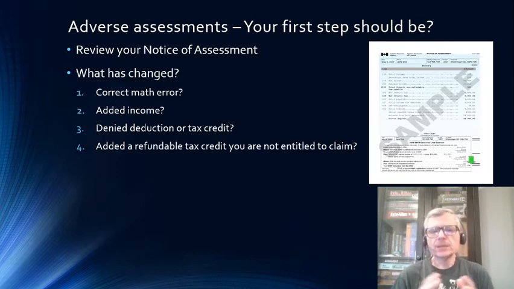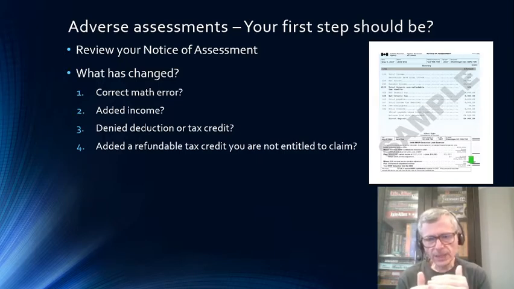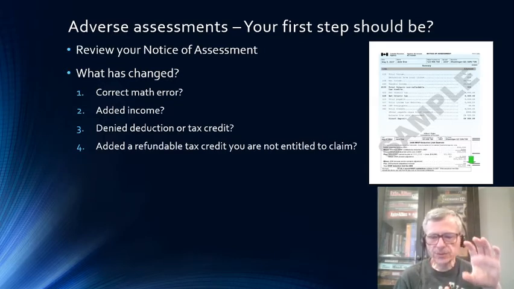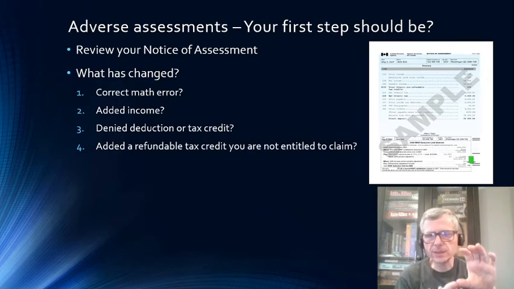Now, provided you're in any other province except Quebec and the Yukon, if you want to see if a non-refundable tax credit was denied to you, you take the difference between the net amount you determined and the amount that the CRA determined, and divide it by 0.15. You'll get the gross amount of non-refundable tax credit that was denied, and you can readily find it by reviewing your section for the non-refundable tax credits line by line.